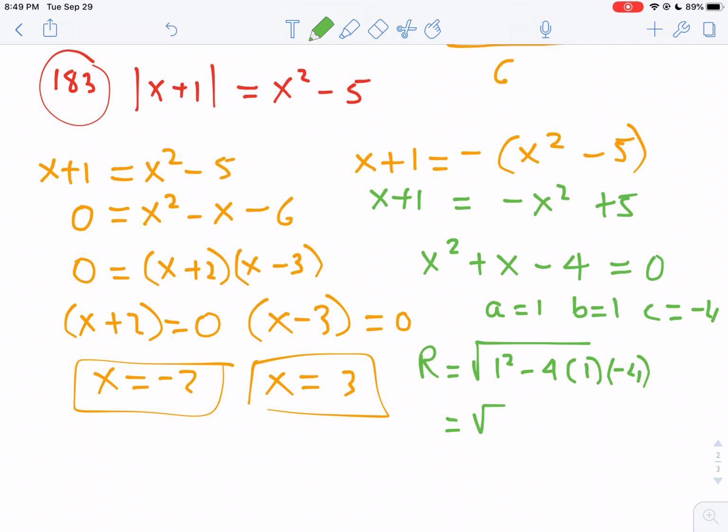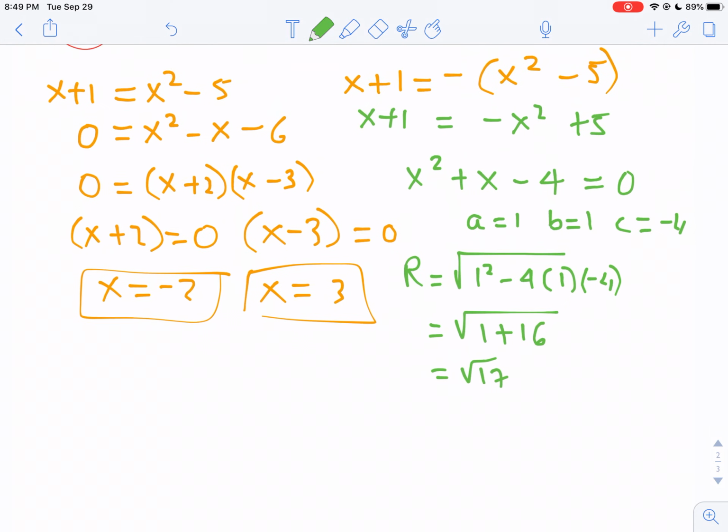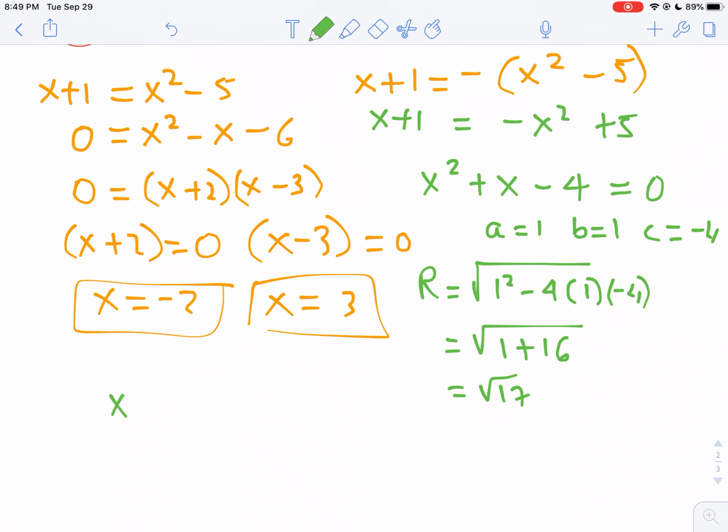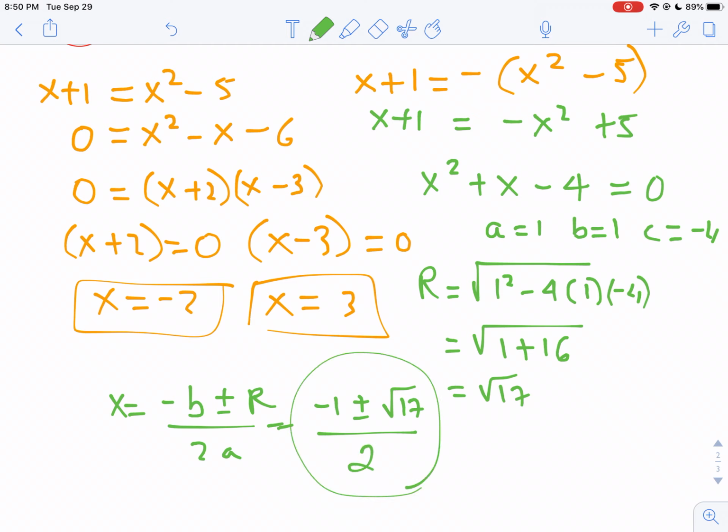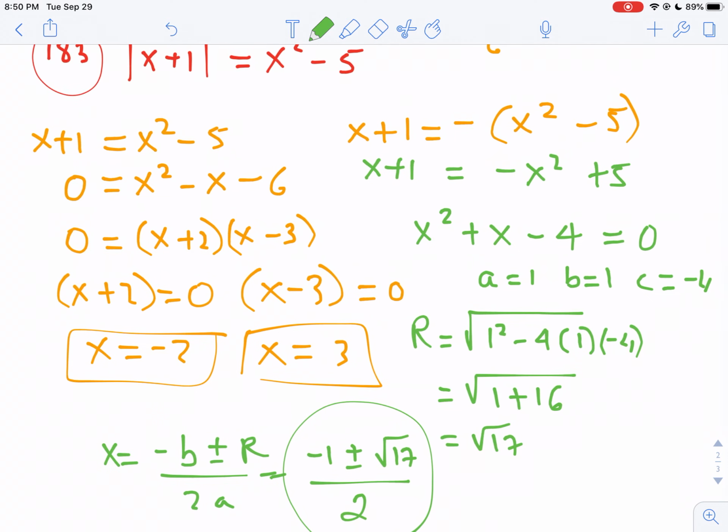So I'm looking at 1 plus 16, so radical 17. And then the other part will give me the answer. X is equal to minus b plus or minus my radical term over 2a. That's going to be minus b, where b is 1, so negative 1, plus or minus radical 17 over 2 times a, which is 1, so 2. And let's see if that's the answer in the back of the book.